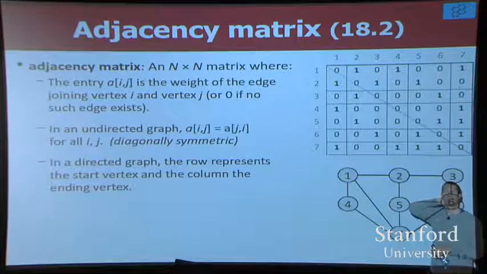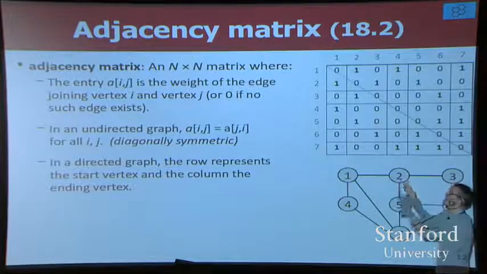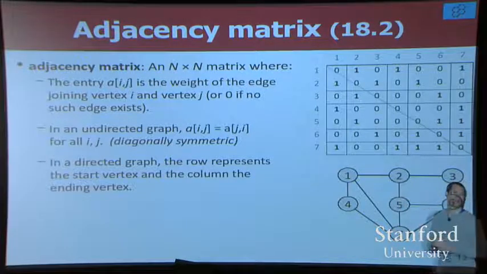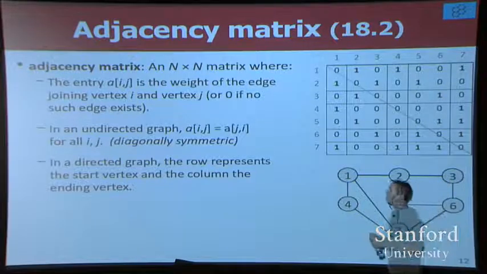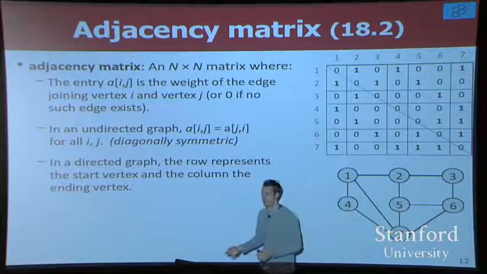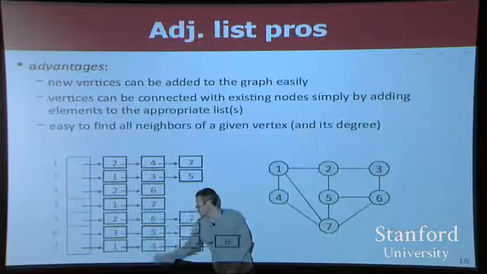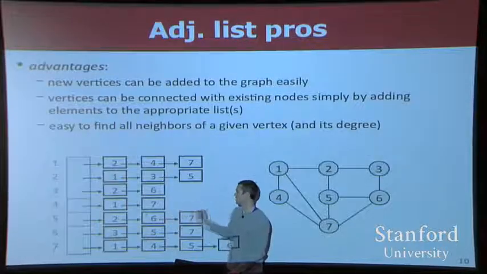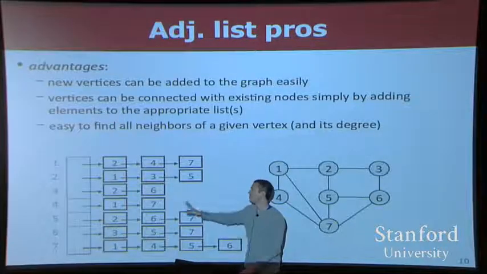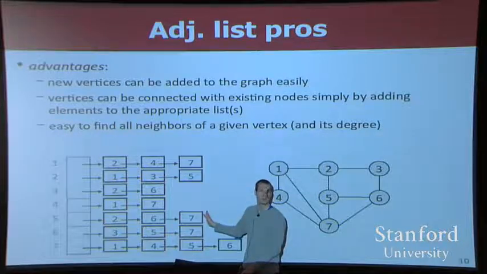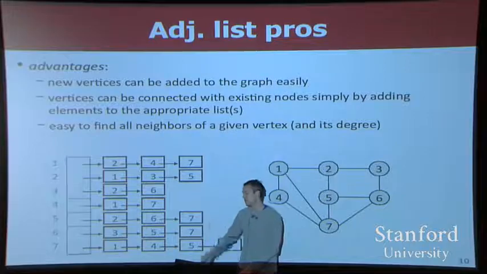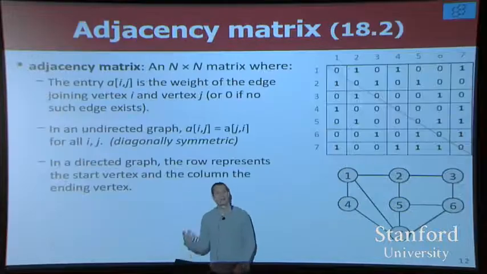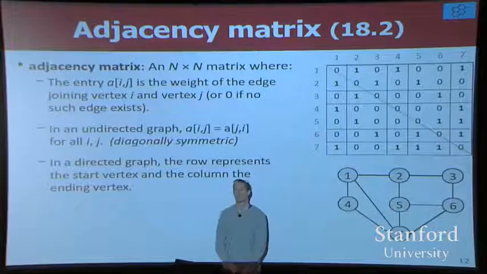Big O of V, however many vertexes you have, that's how many columns you have, by definition. So it takes big O of V to answer what the neighbors are. With the list, the neighbors are all smushed in a tight list. So if there were 1,000 vertexes and 3 of them are my neighbors, I only have to look at this list of length 3 to answer that question. Back on the matrix one, I have to loop over all 1,000 of them to answer the same question. So it's a little slower for that.